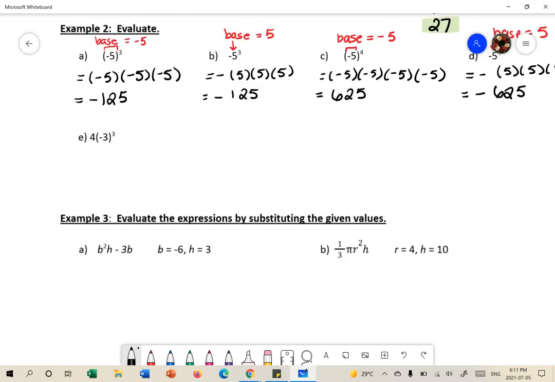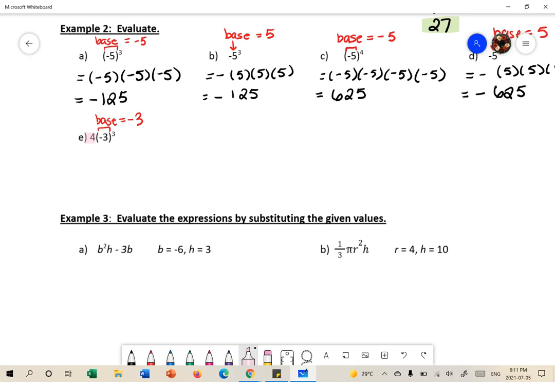And finally, we have a coefficient in front of our base. Our base here is -3. So the coefficient is a number that occurs in front of a bracket. We understand that this is 4 times whatever's in the bracket.